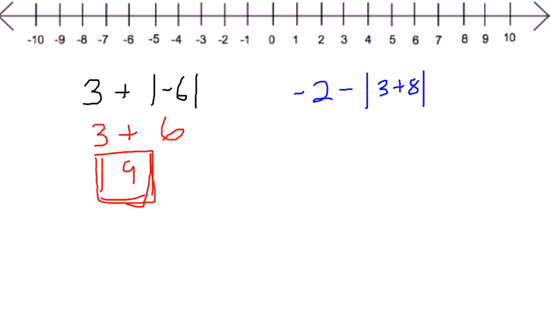Okay, so inside our absolute value symbol, we have 3 plus 8, so we'll evaluate that first. 3 plus 8 is 11. So now we have negative 2 minus the absolute value of 11. Well, the absolute value of 11 is simply 11. Bringing down the rest of our expression, negative 2 minus 11 is negative 13.